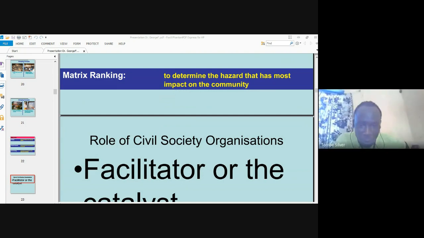Yes, I wanted to share a practical example based on these issues of vulnerability and how best some organizations have so far worked on these issues when it comes to response.